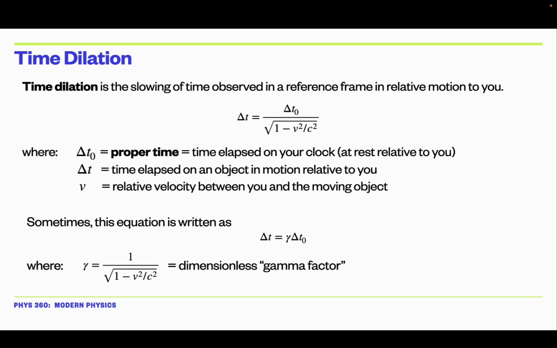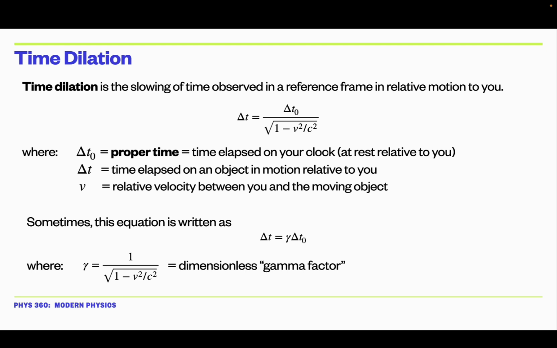So let's summarize this result. This is the expression that we just derived with simple geometry. Okay, so we need to define the terms and make sure we're clear about them. Delta t naught is called the proper time, and it is the time elapsed on your clock where your clock is at rest with respect to you.